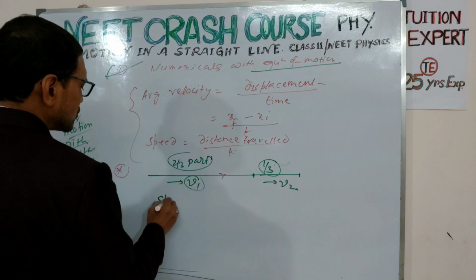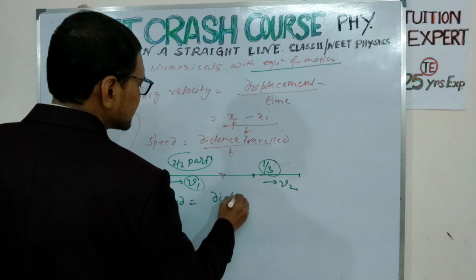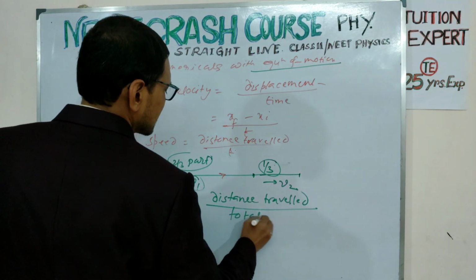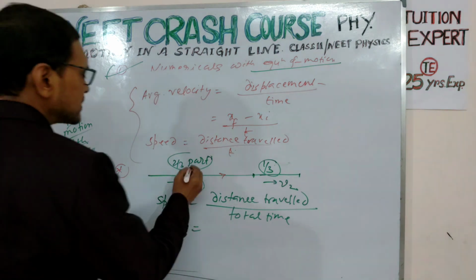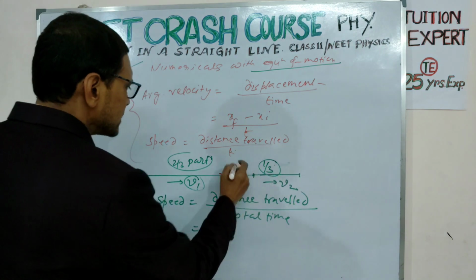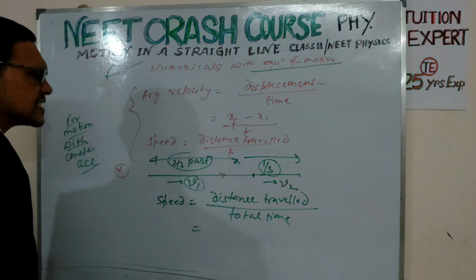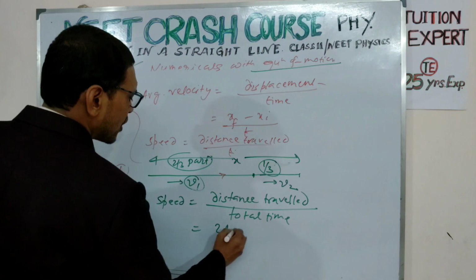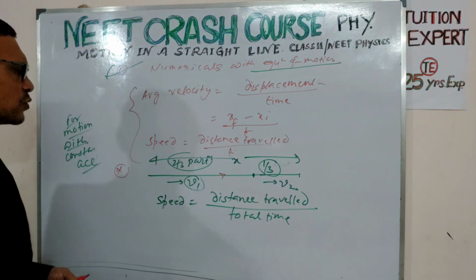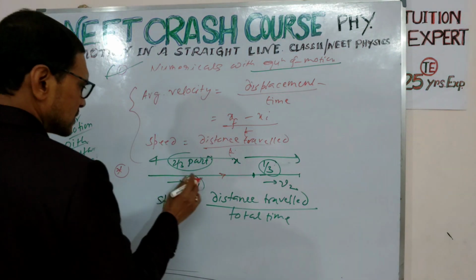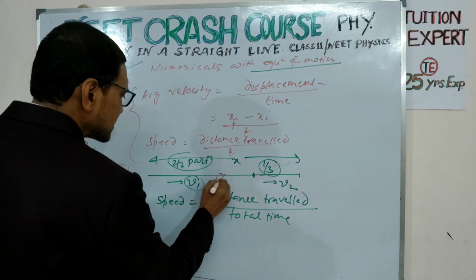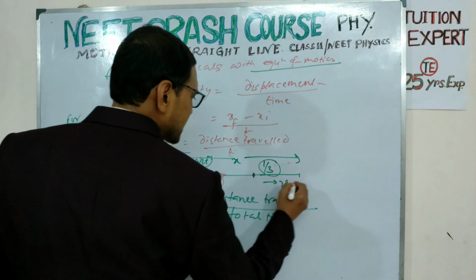Now we know speed equals distance traveled by total time. Suppose the total distance is x, then this part is 2/3 of x, and this part is 1/3 of x. We calculate the times taken, t1 and t2.